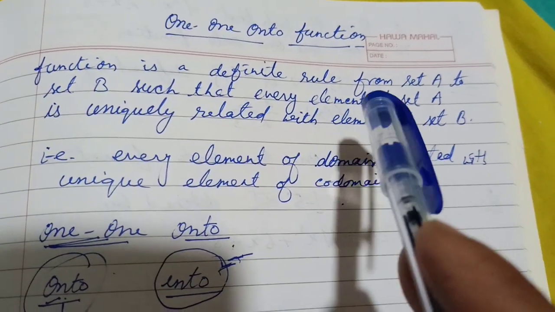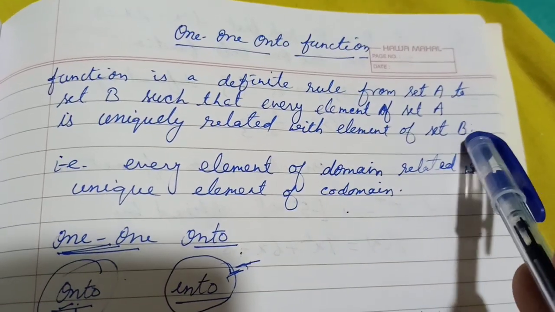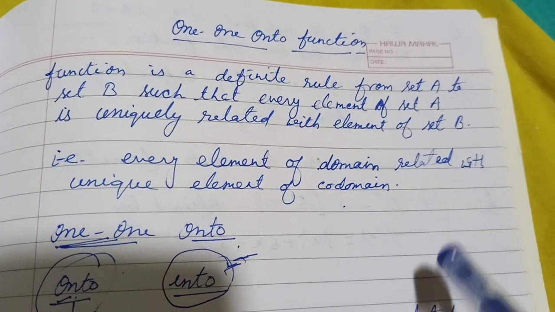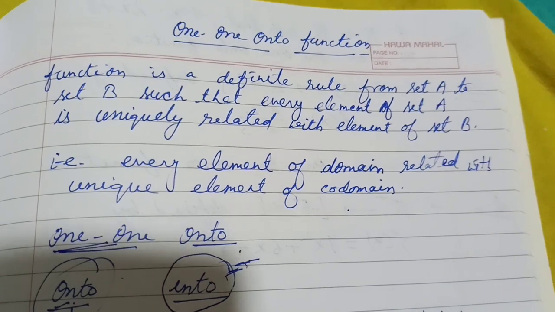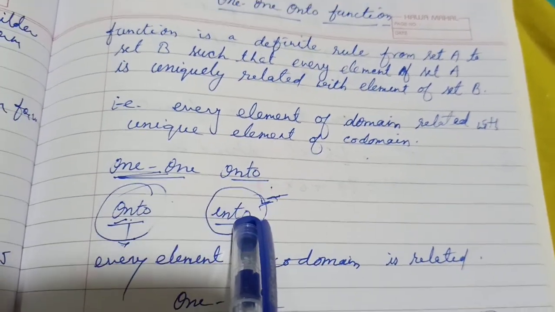That means this defines two types of function: one where every element of set B is also related, and one where some element of set B is not related. So there are two types of function, into and onto.